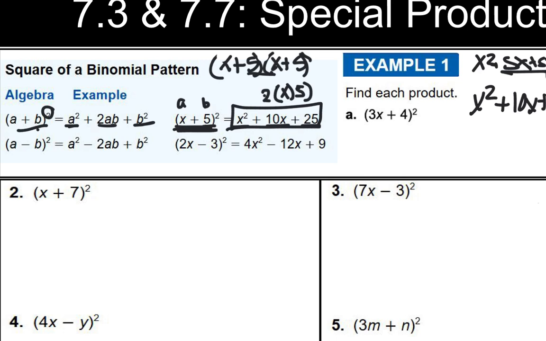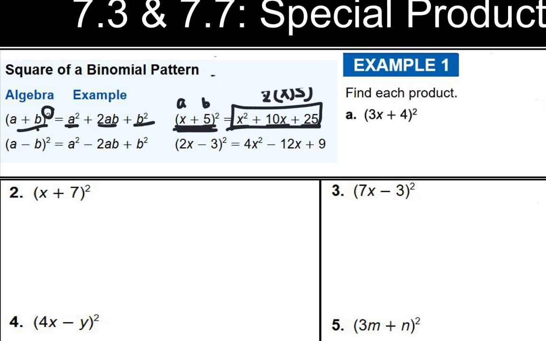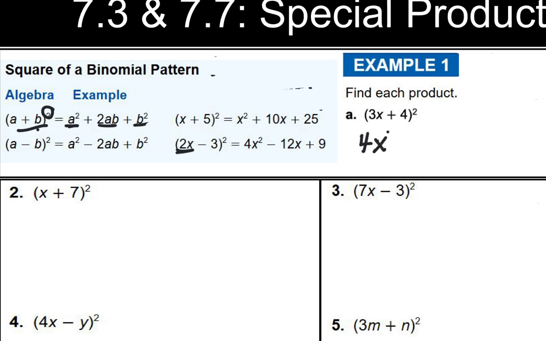Okay? All right, so if you're looking at the other example, you square your first term, so 2x, and then square it, so it'd be 4x squared. And then our last term is going to be negative 3.